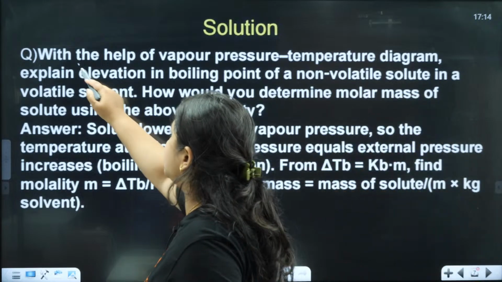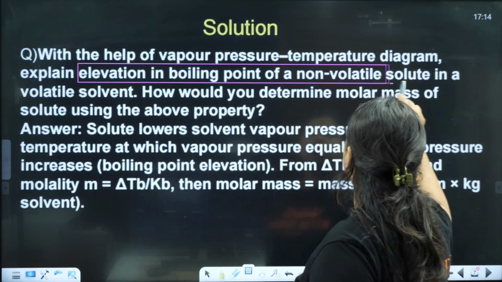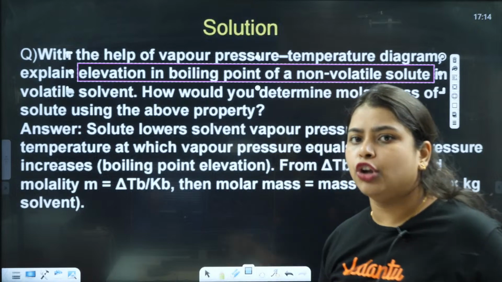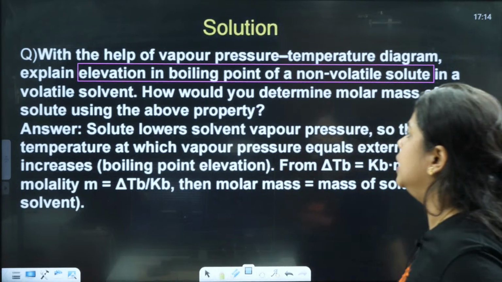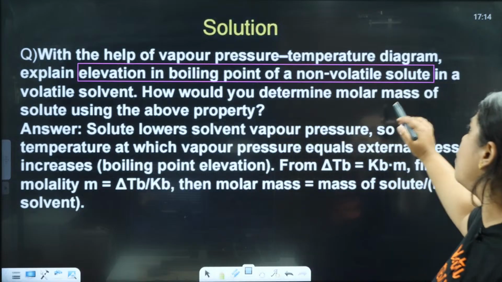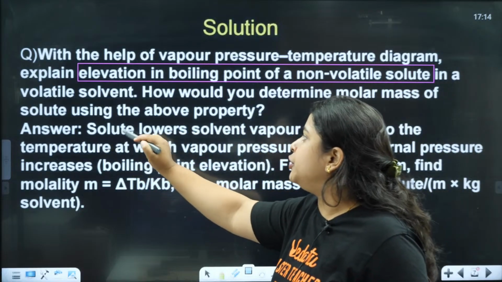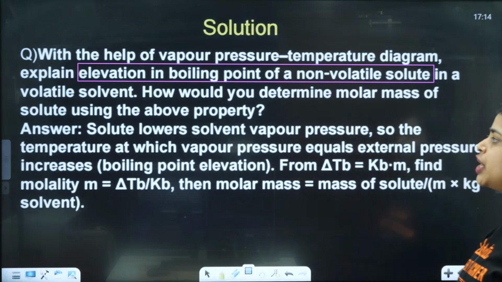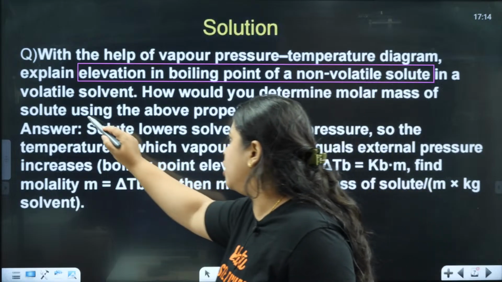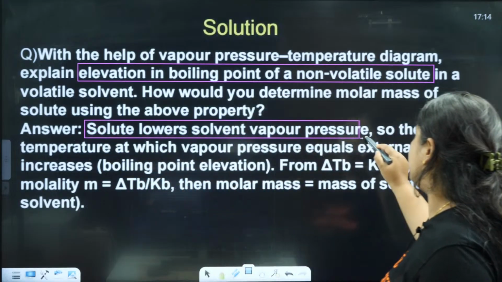Explain the elevation in the boiling point of a non-volatile solute in a volatile solvent. How would you determine the molar mass of a solute using the above property? Solute lowers the solvent vapor pressure.